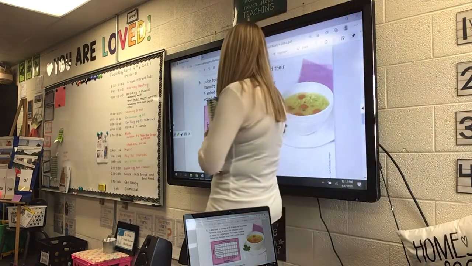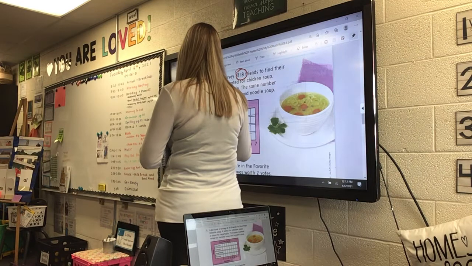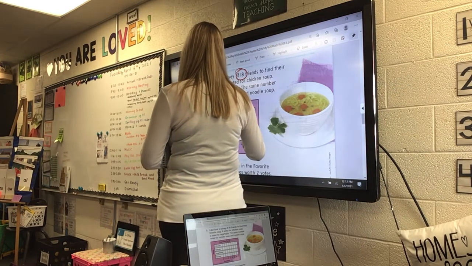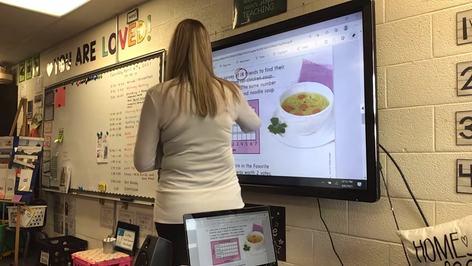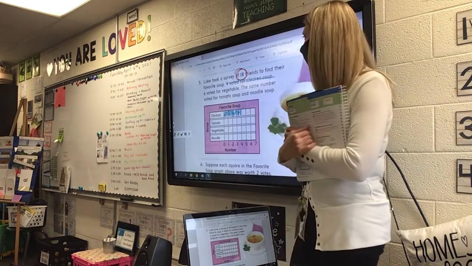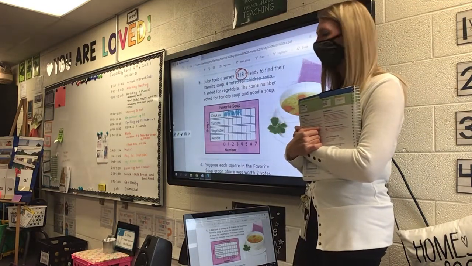So Addie, how many squares should I color in for chicken soup? 4. Okay, I got 4 for chicken soup.